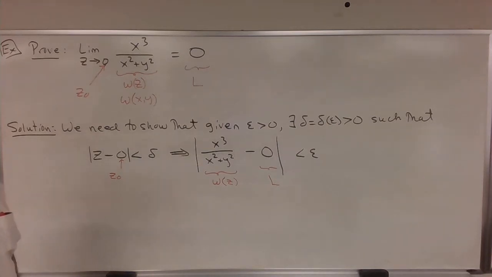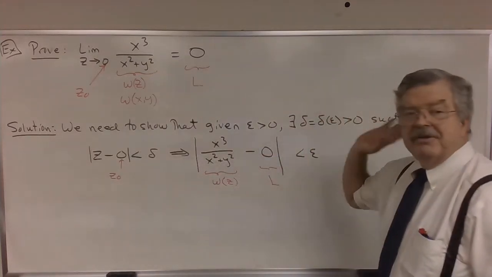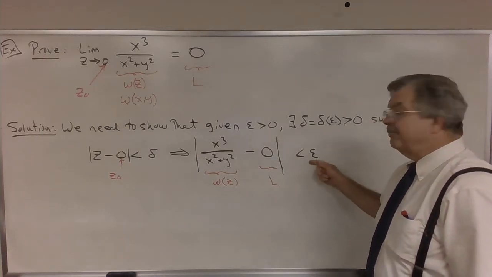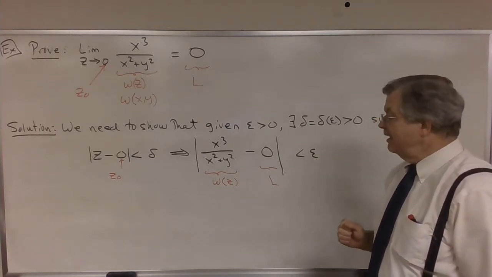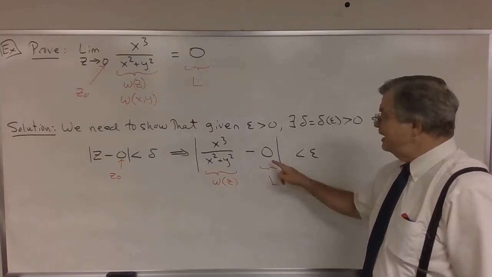And so here's how it works. We pick an epsilon out of the air, sort of like a challenge. We'll pick a small epsilon and say, we can make w of z within epsilon units of L.